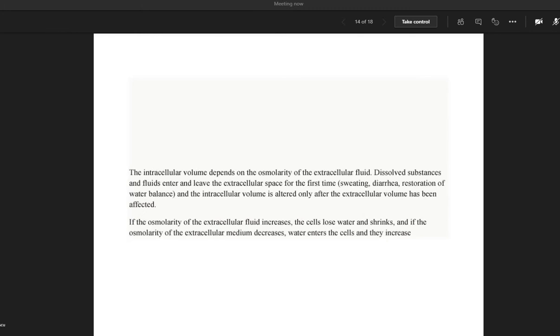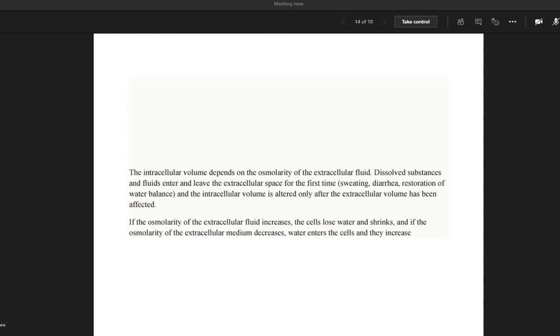The intracellular volume depends on the extracellular one, mainly on the osmolarity of the extracellular. Any time the osmolarity of the extracellular fluid increases, this means that this osmolarity will attract the water from the cells. So the cells will shrink, okay?